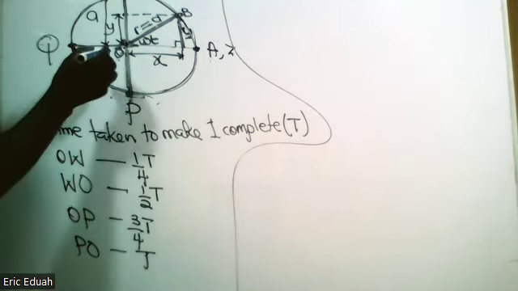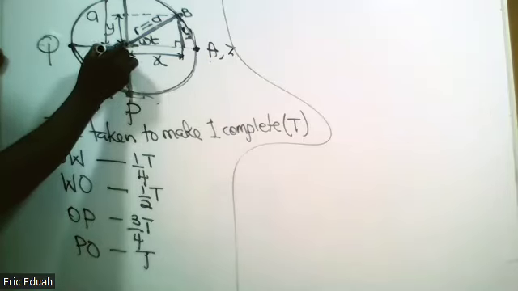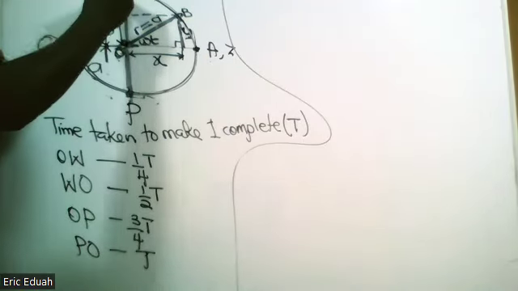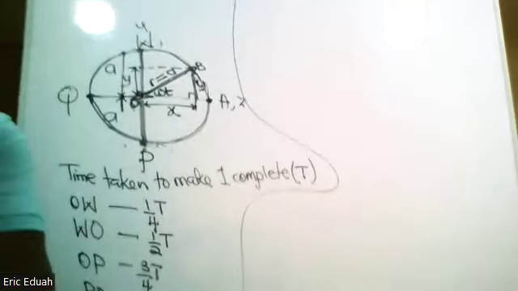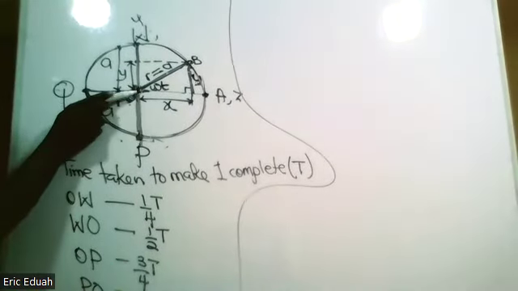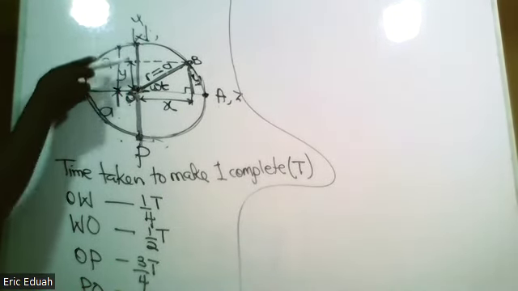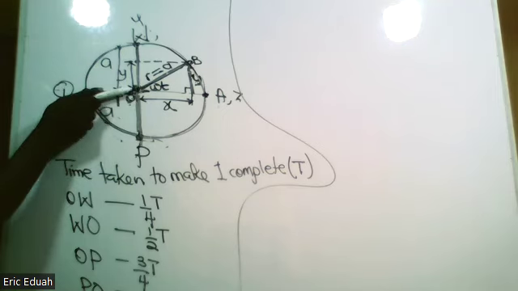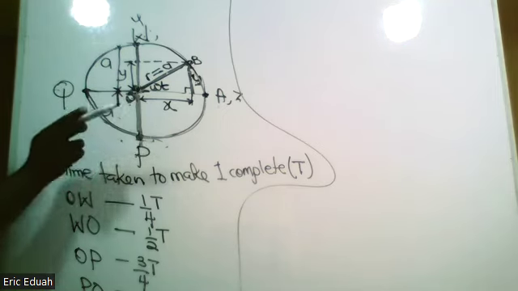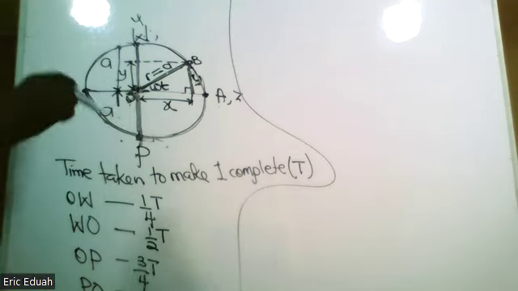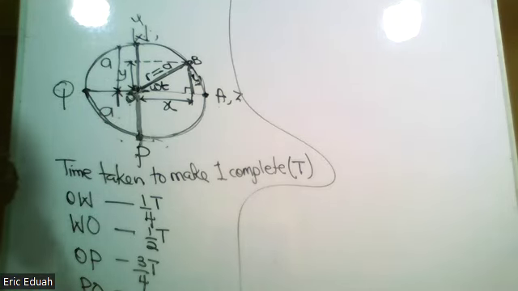We are looking at the body moving from O to W, then W to O, O to P, and from P back to O to give us a complete cycle.